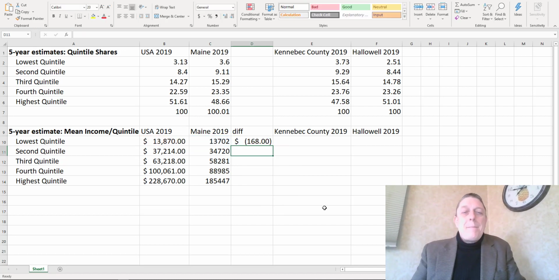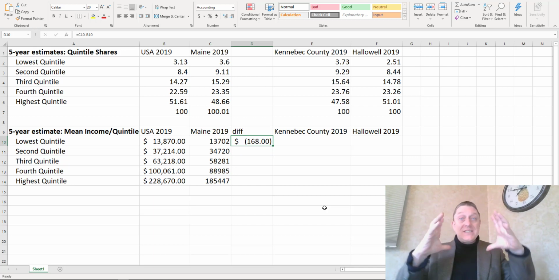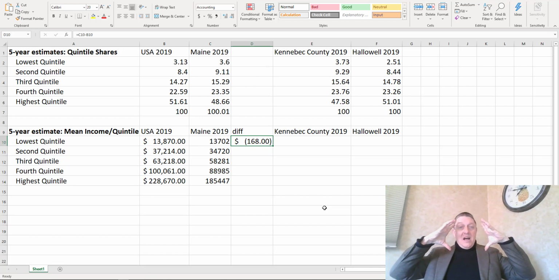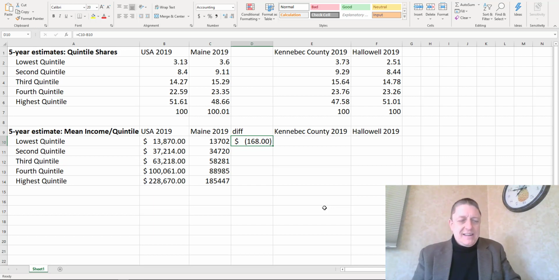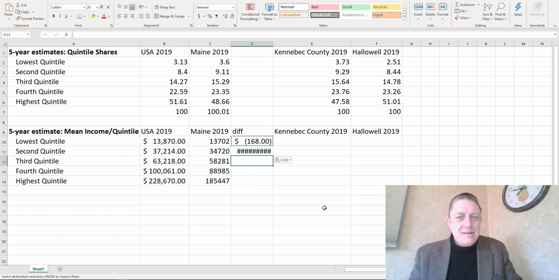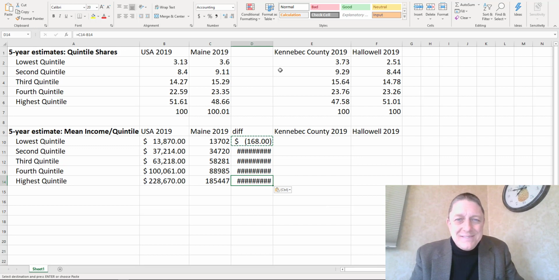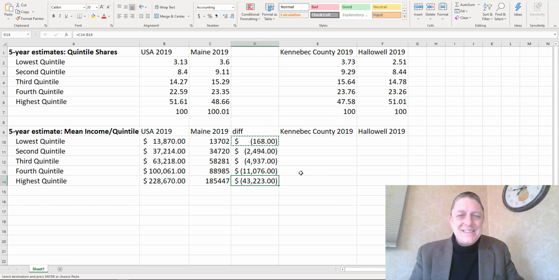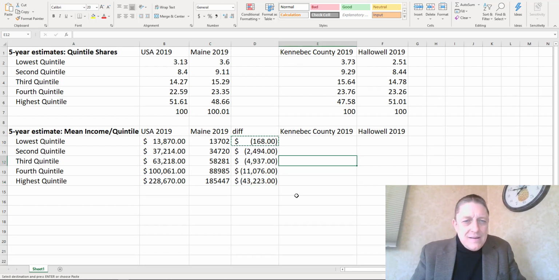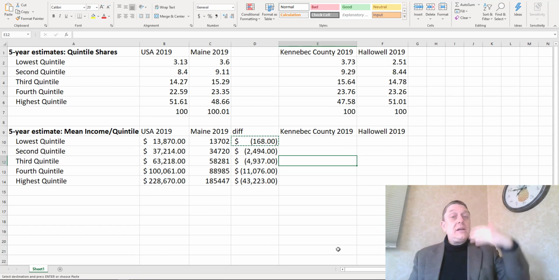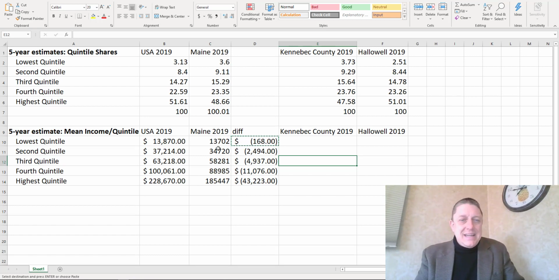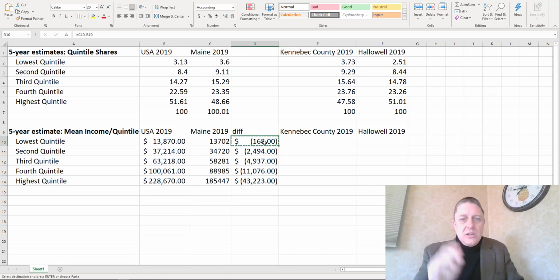And right, Maine is earning $168 less in that lowest quintile. The parentheses mean less. Apparently, I have to make this a little wider so we can see it. Okay, each quintile is earning less in Maine than the quintile in the United States, but the difference here in the lowest quintile is small.